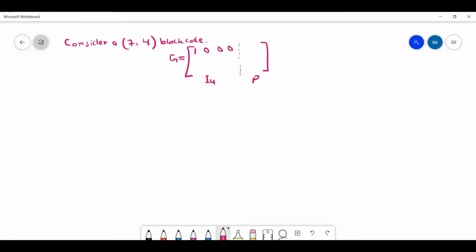This part of the generator matrix is going to be the same for all the codes of this size. And let's write down the parity matrix. That is the unique part, and it is different for individual codes of this size.